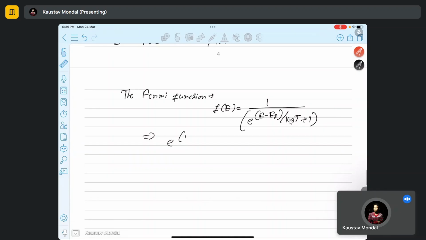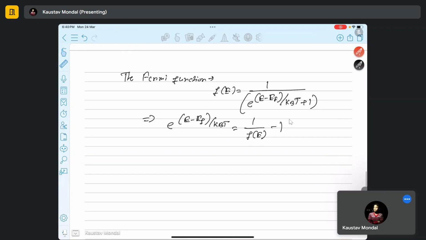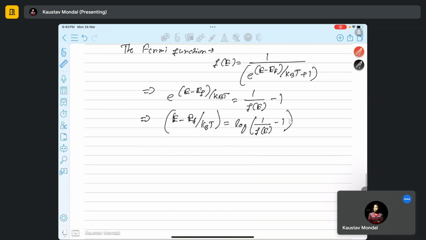For simplification, (E minus EF) by kBT we can write as log of 1 by F(E) minus 1, if we take log on both sides. That gives us T equal to (E minus EF) by kB into log of 1 by F(E) minus 1.